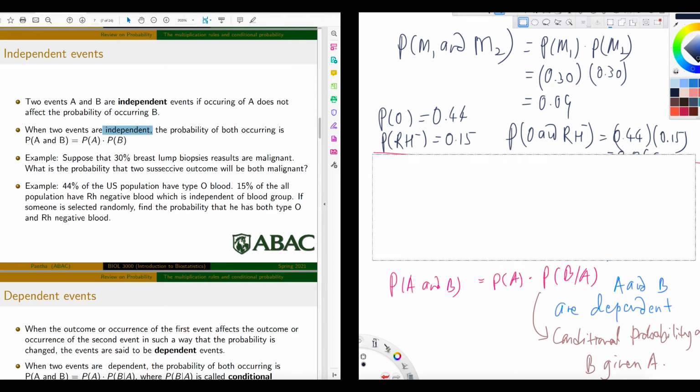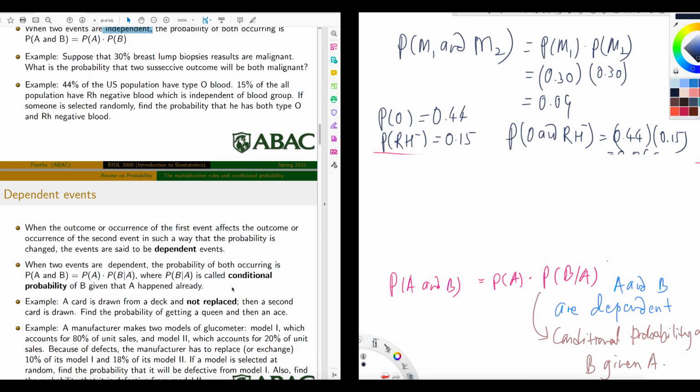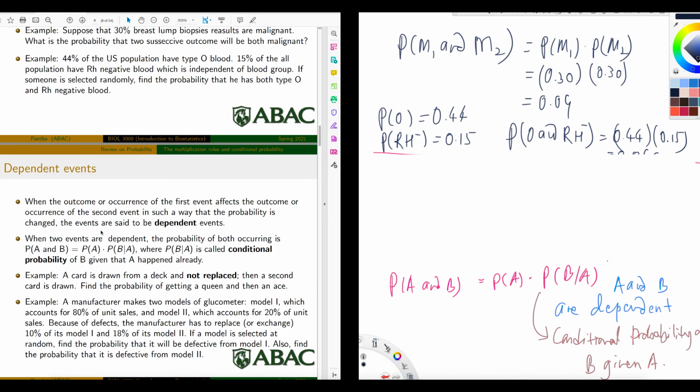So the next type is the dependent events. What types of events are dependent? Look at this. When the outcome or occurrence of the first event affects the outcome or the occurrence of the second event in such a way that the probability is changed, the events are said to be dependent events.